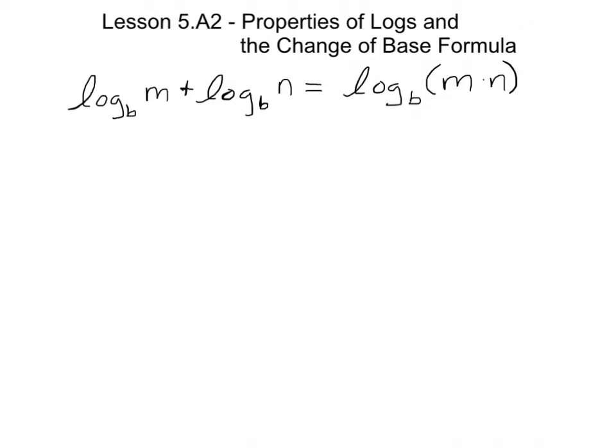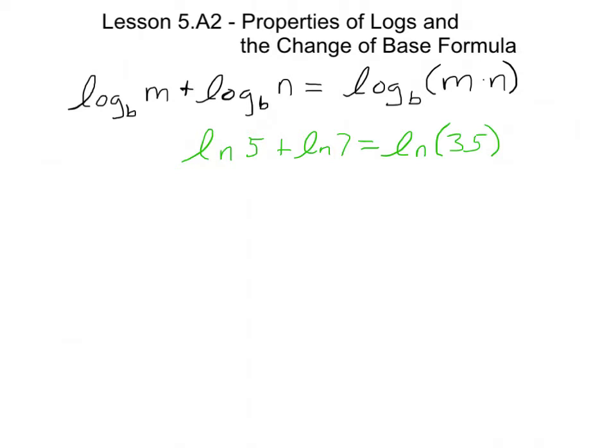As a very quick example of this one, suppose that somebody asked you what's the natural log of 5 plus the natural log of 7? Well, we can respond that this is the natural log of 35. And you may be looking at that going, wow, big deal. Like, so what?